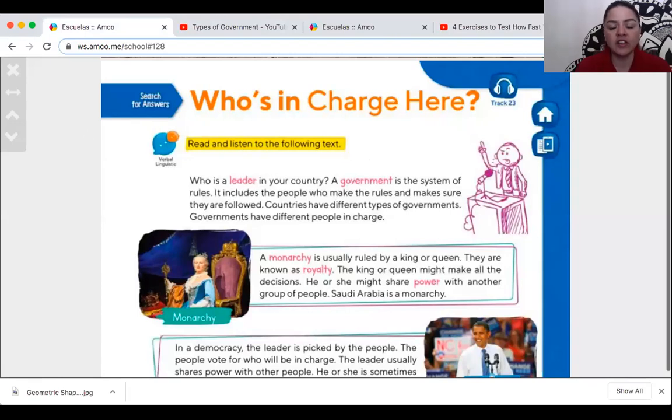It says, who's in charge here? Remember that in the last session where we worked on global, we talked about people who take care of places. And today we're going to talk especially about our government's ways.